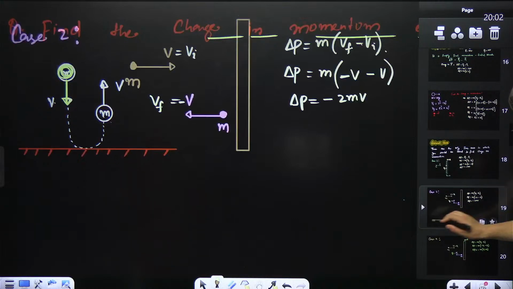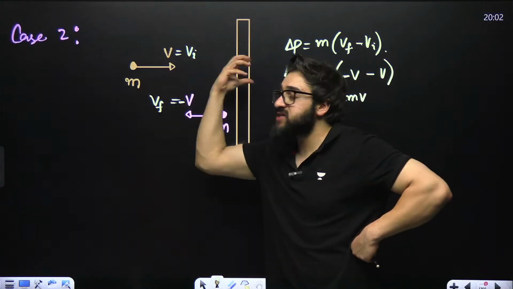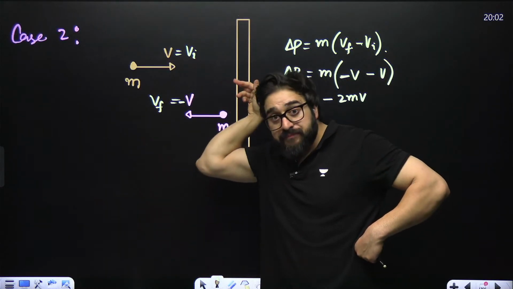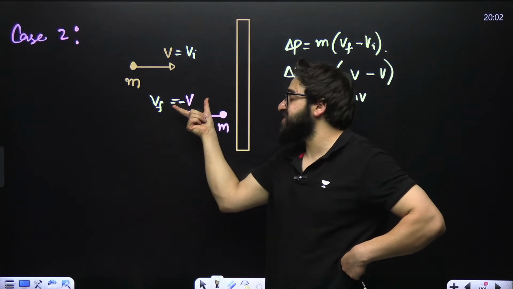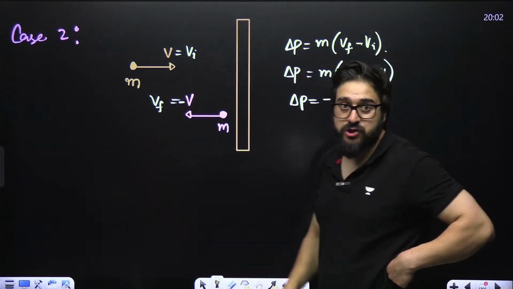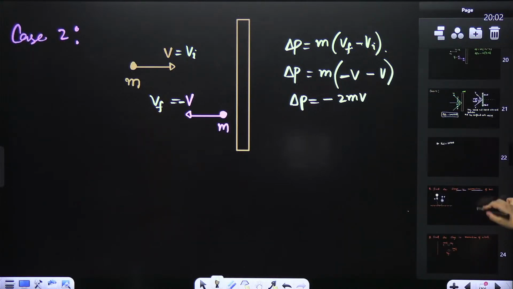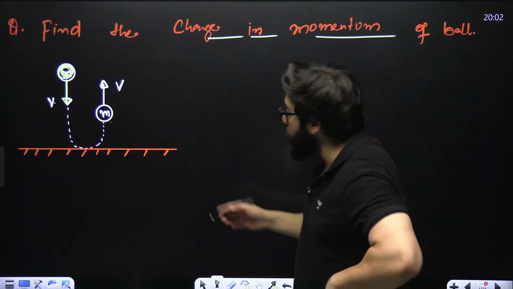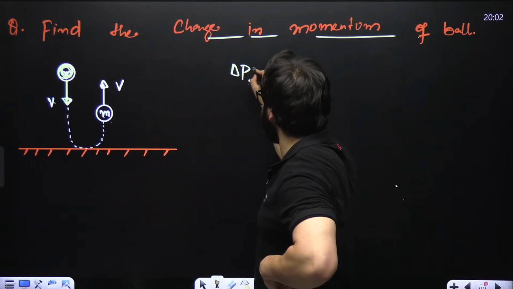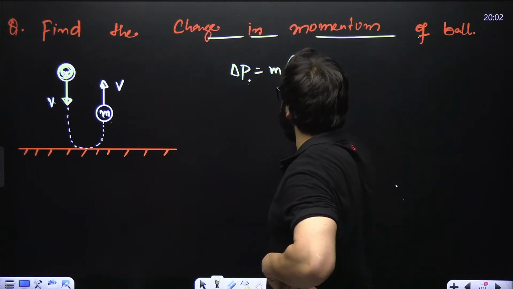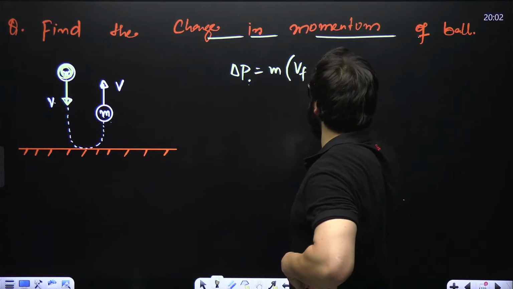The ball is coming, it strikes, then it is reflected with the same velocity but in the opposite direction. So in this particular case, what is the value of change in momentum? Change in momentum will be simply mass into final minus initial.